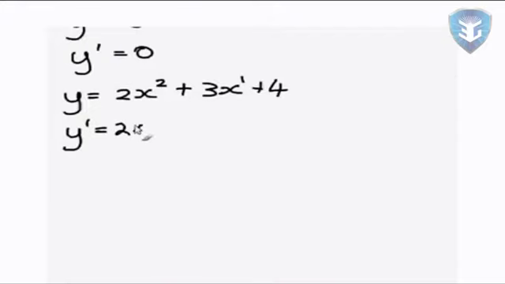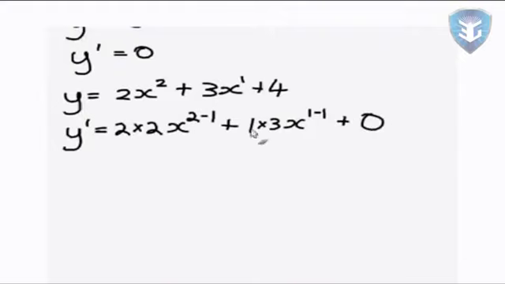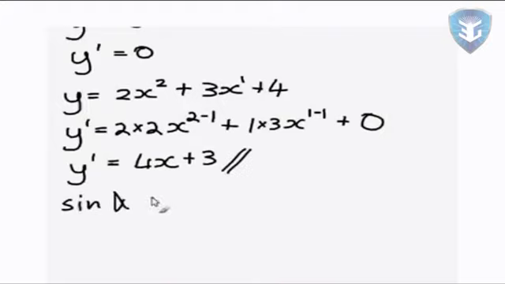So when we derive this, the 2 goes in front of the other 2, the power of 2 reduces by 1, the 1 goes in front of the 3, and the power of x reduces by 1, and the 4 is a constant, so it just is 0. So if we multiply this out, we've got 4x to the power 1, which is just 4x, plus 3, because we've got 3 times x to the power 0, which is just 3 times 1, which is 3.